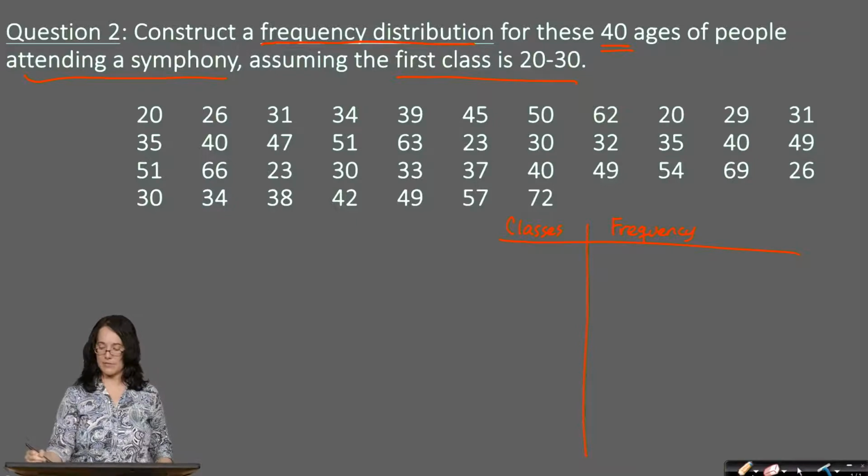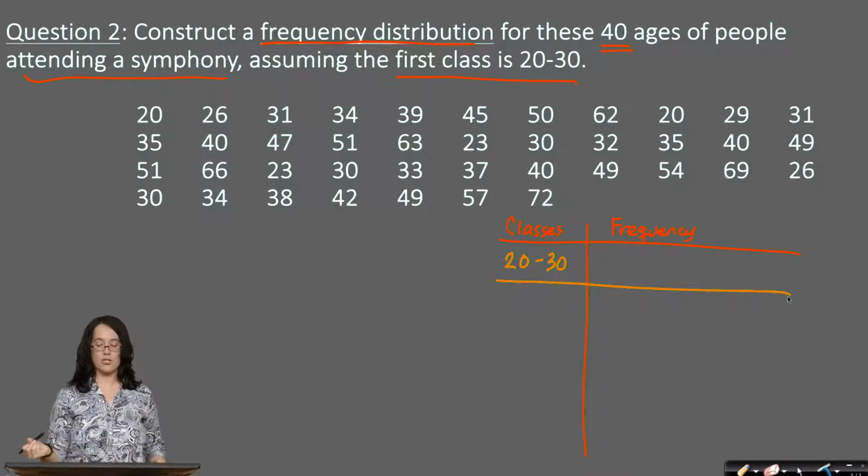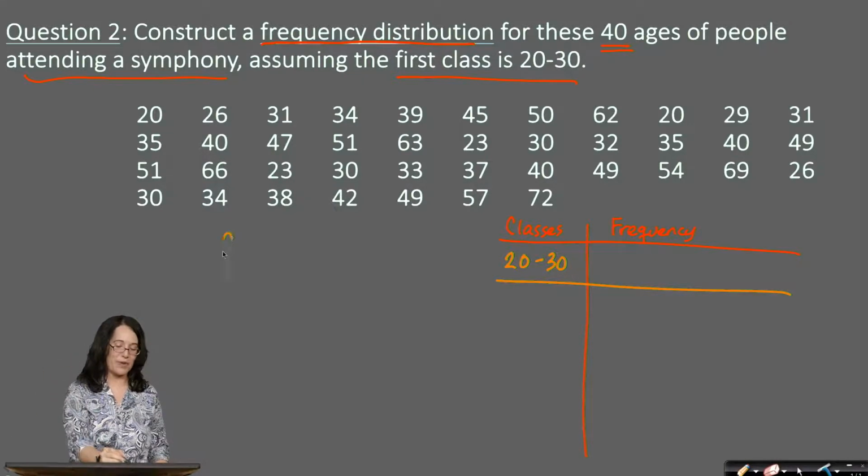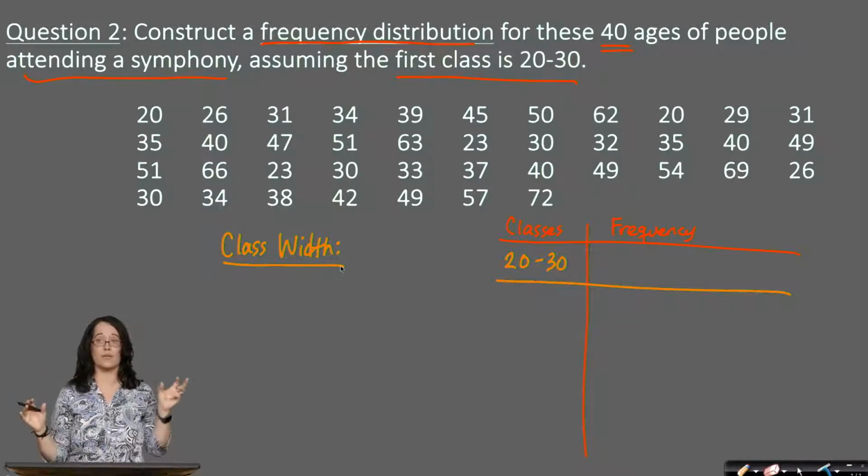Now, because they gave me the first class, they gave me a nice starting place. They've told me my first class is ages 20 to 30 inclusively. With that piece of information, I can deduce what the class width must be.